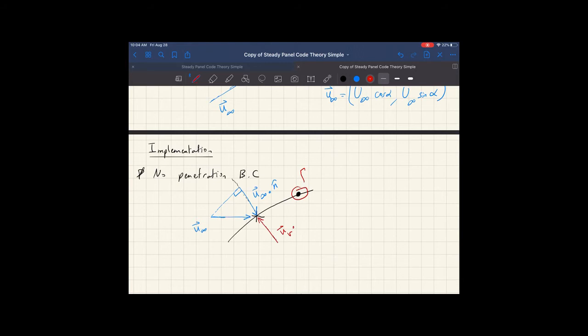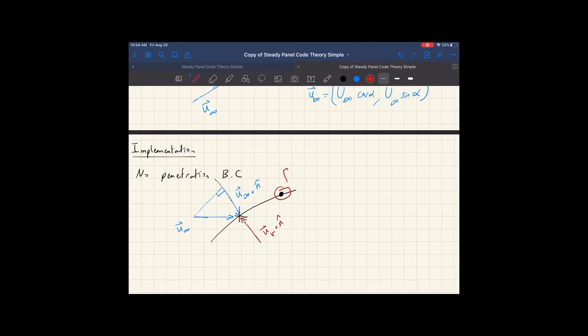This velocity dotted with that same unit vector on the surface is the same, opposite but equal. Thus, we would end up with the projected velocity of the free stream on the normal direction plus the projected velocity of the vortex on the collocation point in the normal direction.